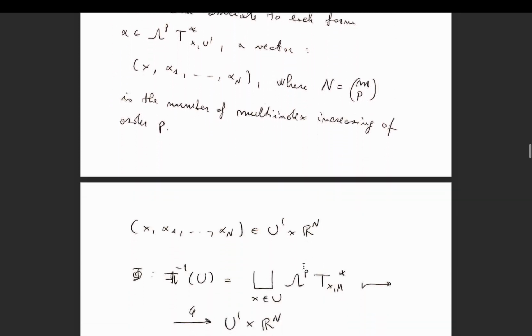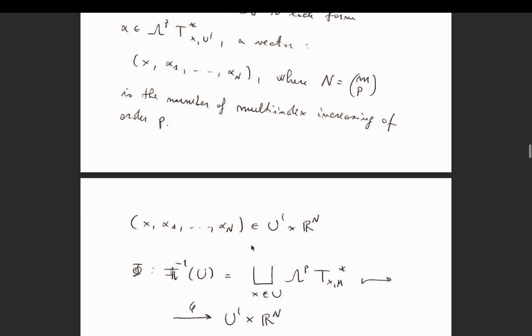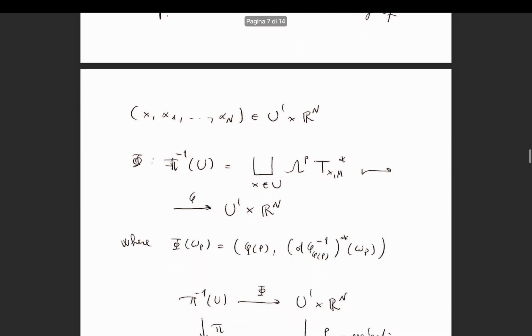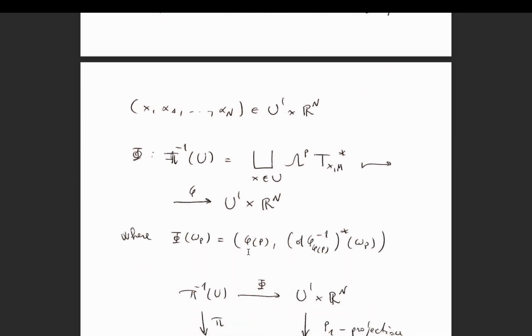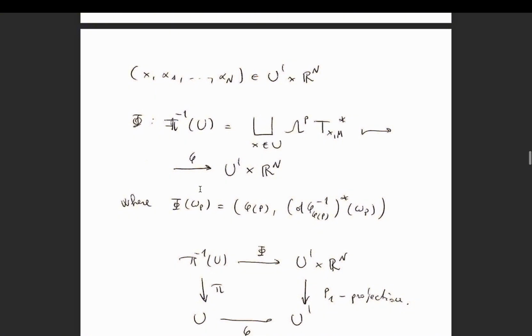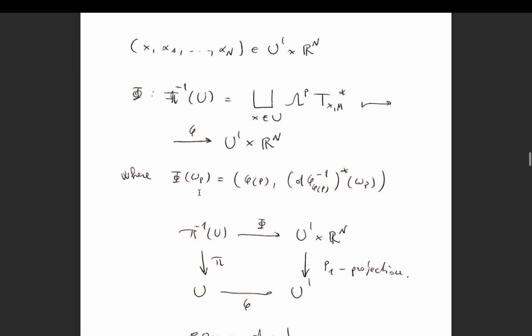So we can in this way construct a map capital Phi. This capital Phi is a map from pi to the minus 1 of U into U prime times R to the power of M, and is defined as follows. Capital Phi is equal to phi and the dual of the differential of phi to the minus 1.